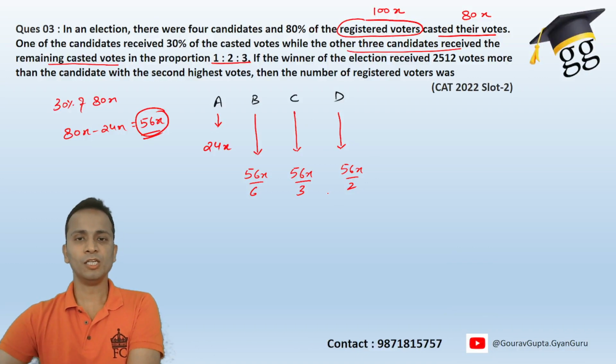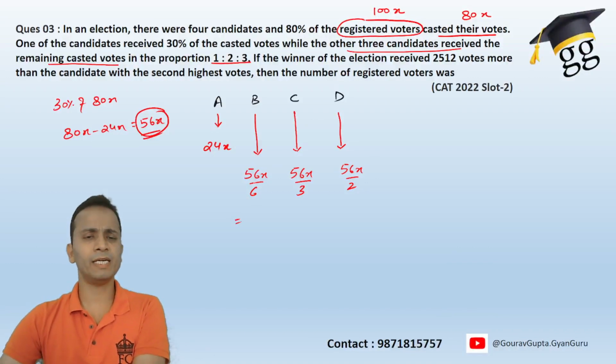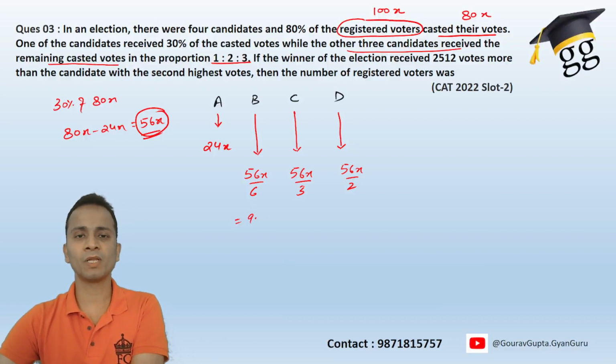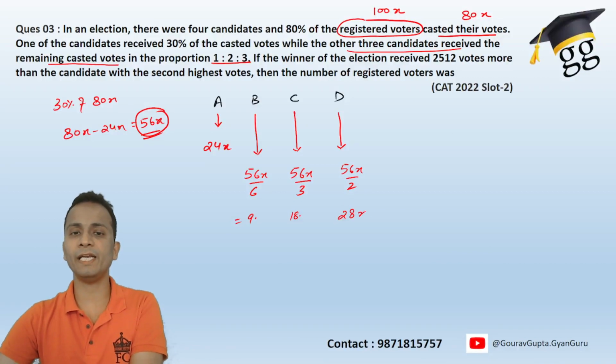All right. So if I'll convert them in decimals, so 56x upon 6 will be 9 point something, so this will be 9 point something x. This will be 18 point something x, right? And the last one will be 56 upon 2, that is 28x.